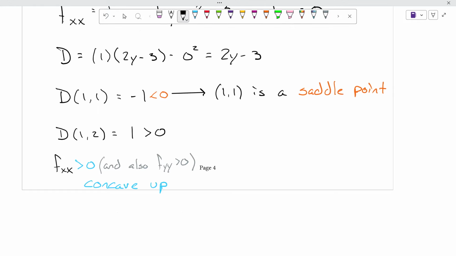So with both of our powers combined, I know that (1, 2) is either a local minimum or a local maximum, just based on the fact that D was positive.